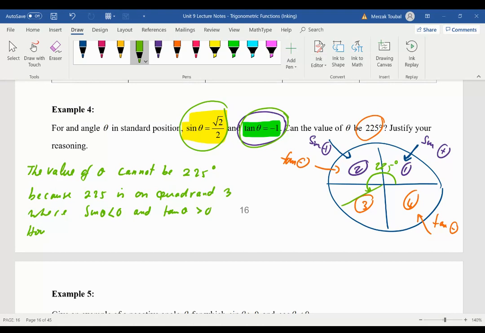However, sine theta equals root 2 over 2 is positive, and tangent of theta equals -1 is negative. So they don't match.